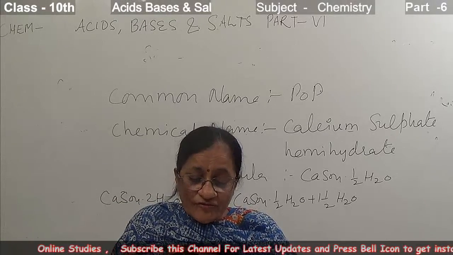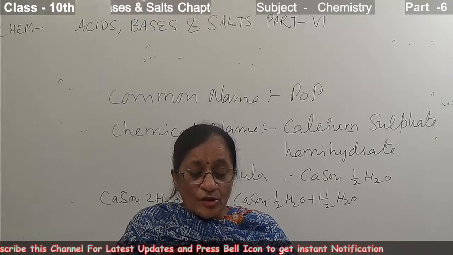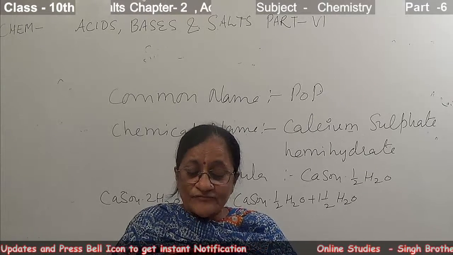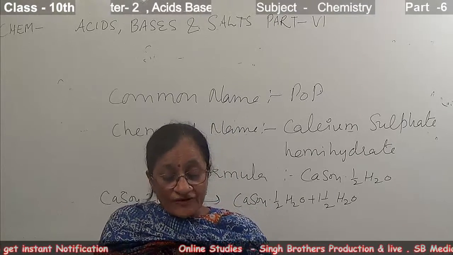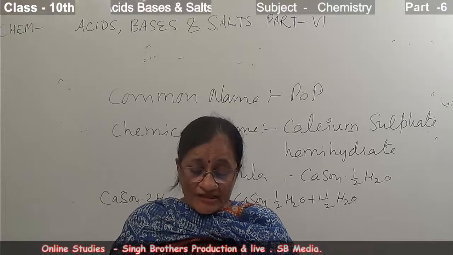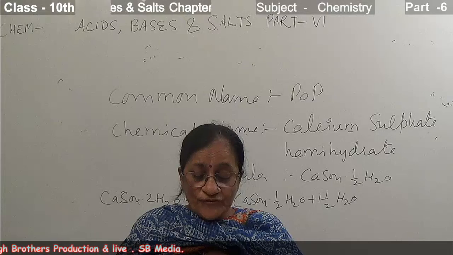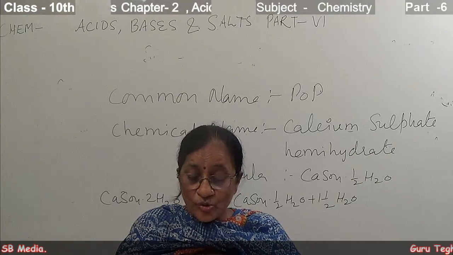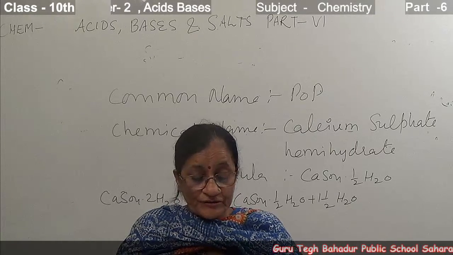This is the way by which we can make calcium sulfate hemihydrate. On heating gypsum, it loses water molecules and becomes calcium sulfate hemihydrate. This POP formed should be stored in moisture proof containers, as moisture can cause slow setting of POP by bringing about hydration.